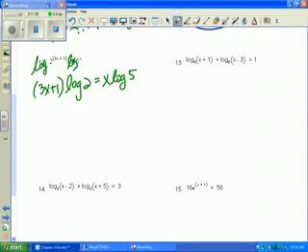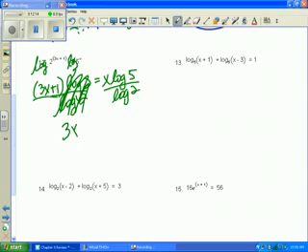Divide away from this 3x plus 1. So divide by log 2. I'm dividing away from the 2 terms over here to the one with the 1 term. So then I get 3x plus 1 is equaling, and this is just a number.